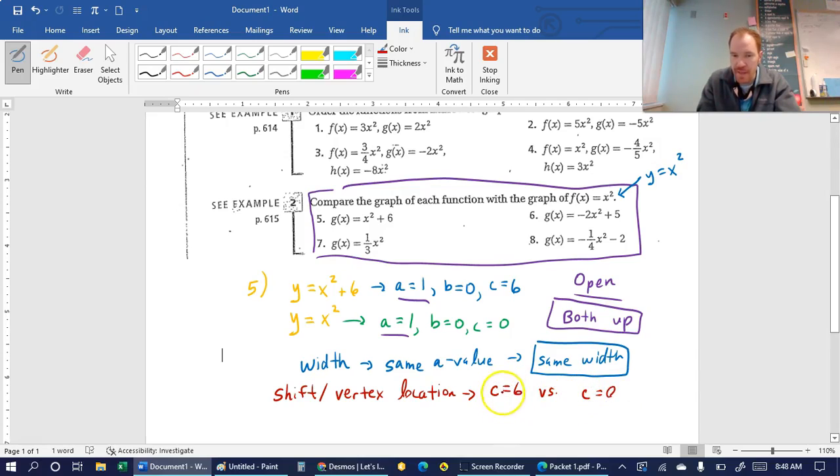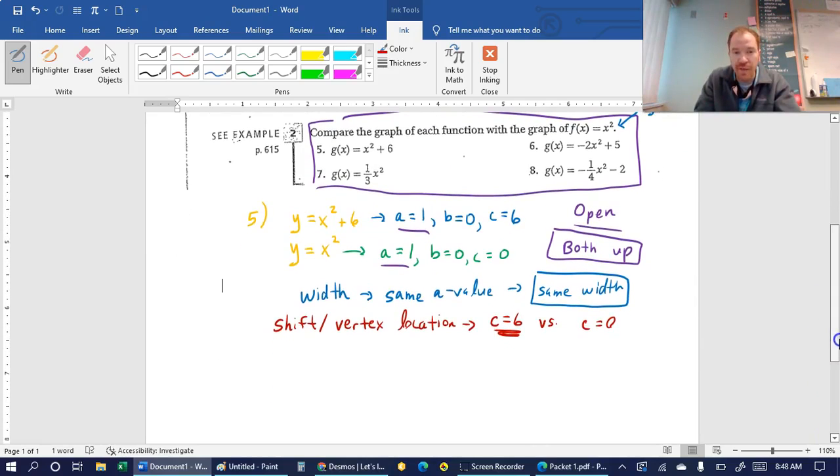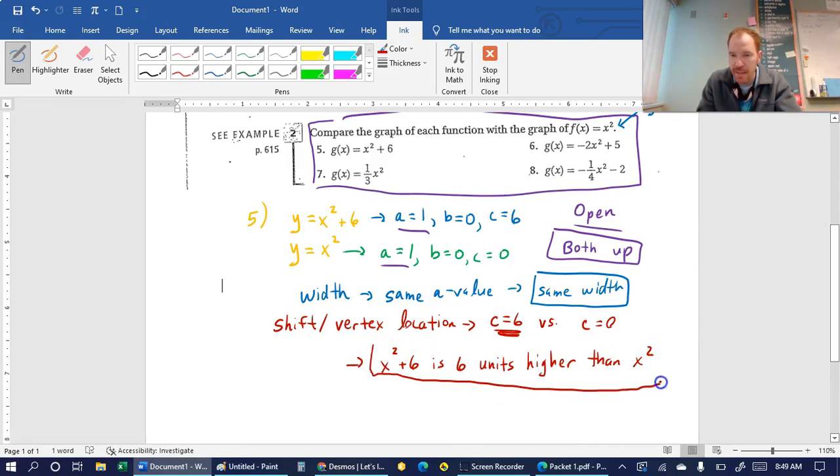So this is going to be the higher vertex. Our function g of x is going to be shifted up 6 units. X squared plus 6 is 6 units higher. It would have the higher vertex. Okay, I can box that in.